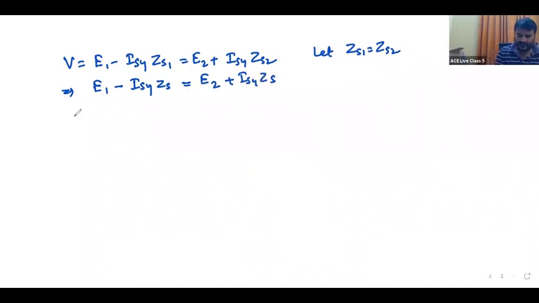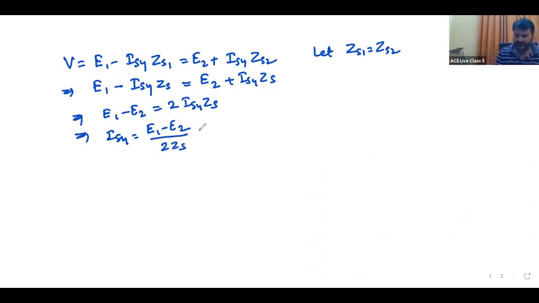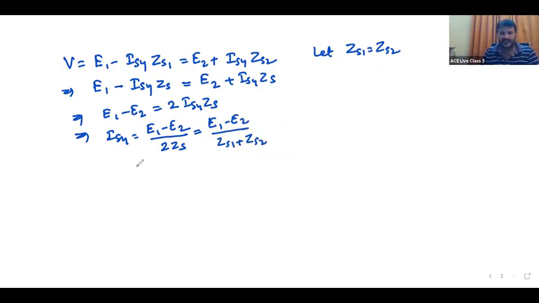Then E1 minus E2 is equal to 2 into ISY into ZS. Therefore, ISY is equal to E1 minus E2 divided by 2 ZS, that is nothing but E1 minus E2 divided by ZS1 plus ZS2. Of course, this much discussion is not required. So the potential difference, E1 minus E2 divided by ZS1 plus ZS2, is the synchronizing current.